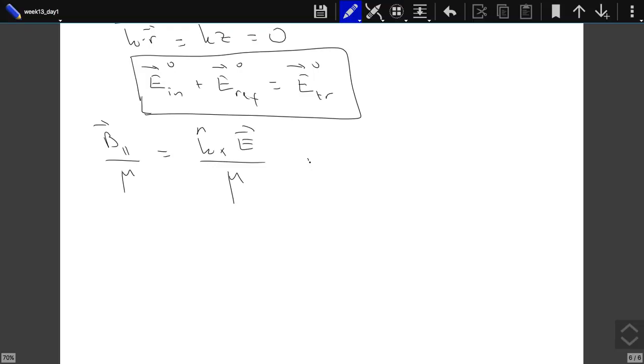This should be continuous. But this tells me that E over mu is continuous. Not just E, but E over mu should also be continuous. Do you agree?